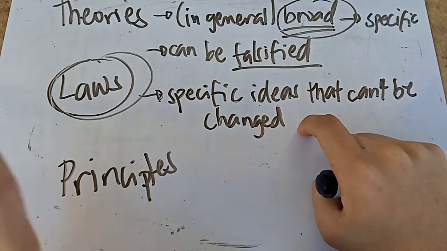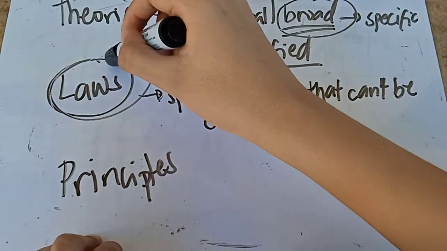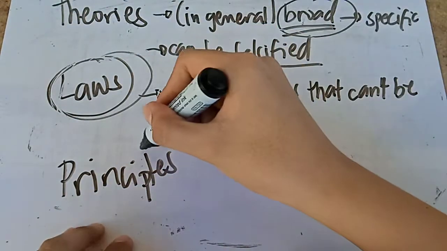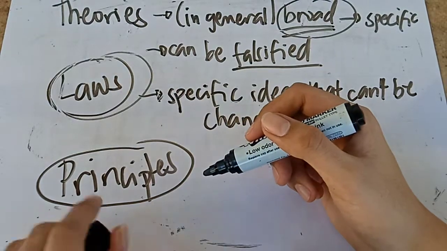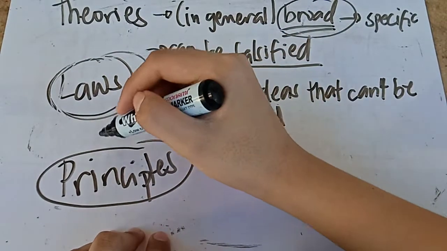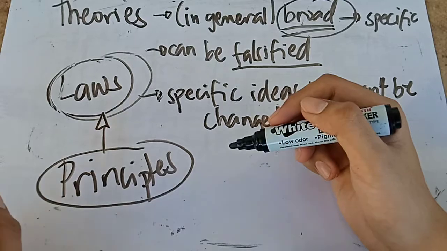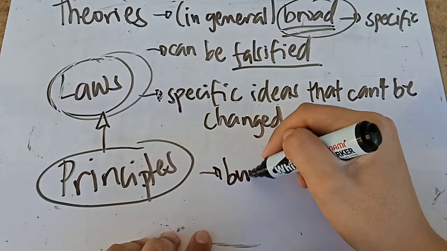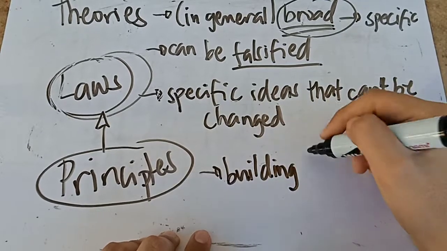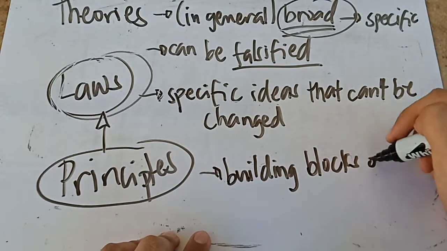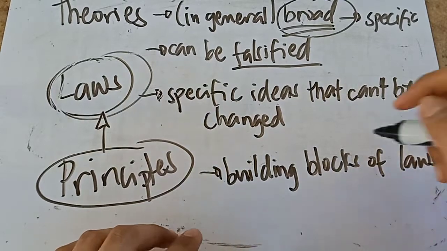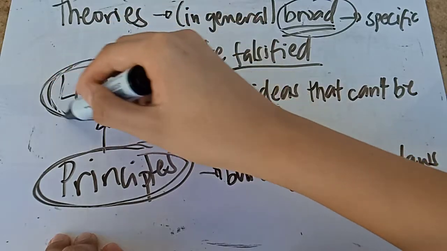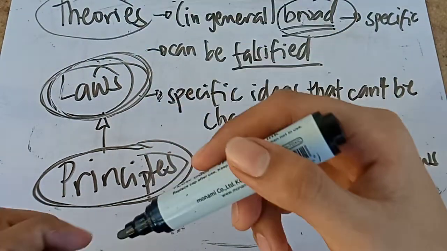Now, as a law becomes universally applicable, it will produce principles. So principles are just part of the law, the building blocks of laws, while laws are the building blocks of theories.